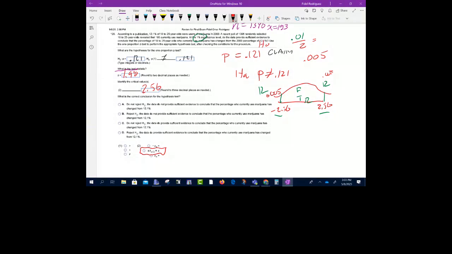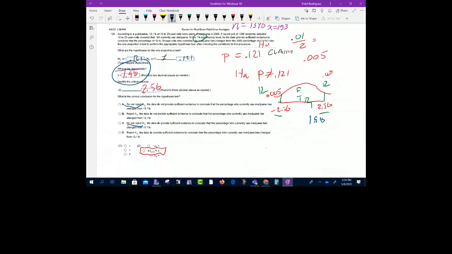Okay, let's take a look at the number that we came up with when we did our test statistic, y'all. We came up with 1.98. We fell in the fail to reject. So we're not going to reject, right? I'm either going to choose choice A or choice C, because those are my do not rejects, okay?